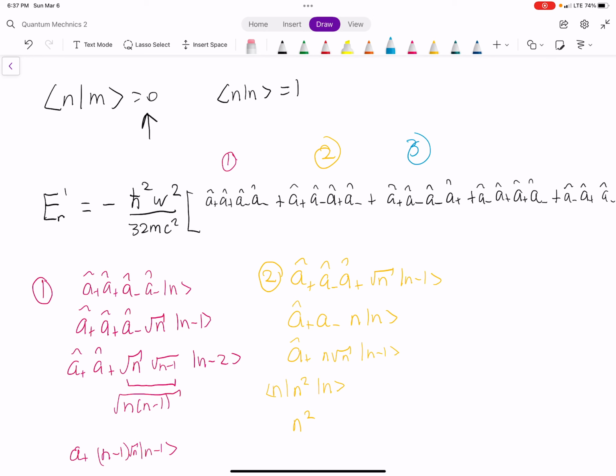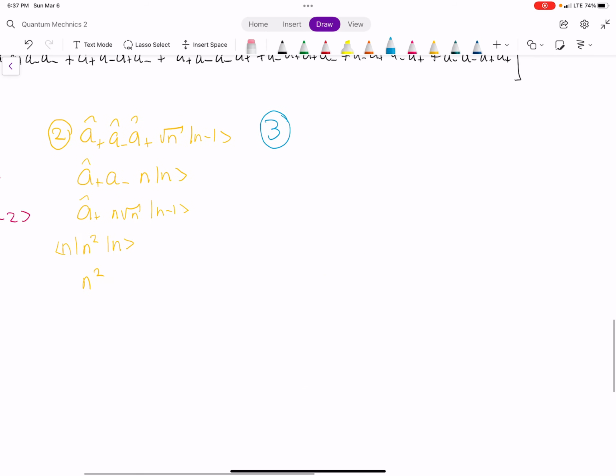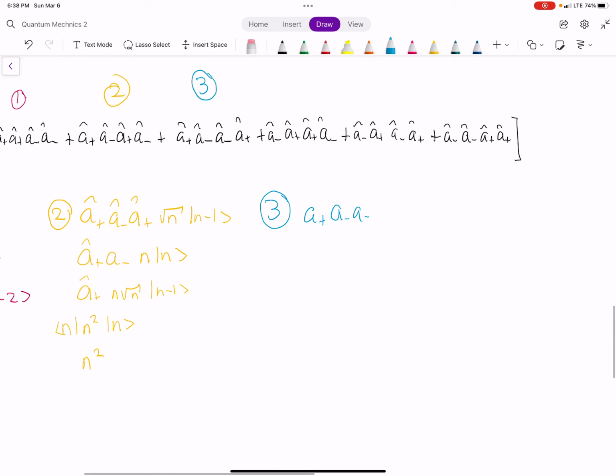We'll call this 3. Almost done. A plus, A minus, A minus. That'll be the square root of n plus 1. That's what the raising operator does. And then we'll have the lowering operator acting on this.